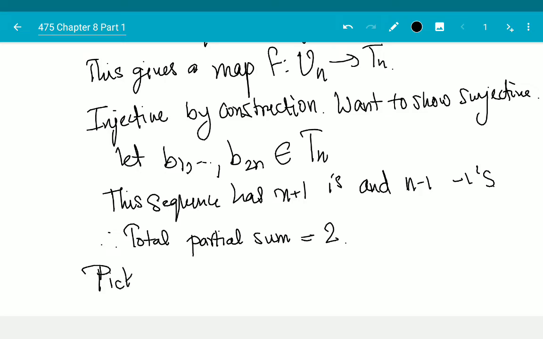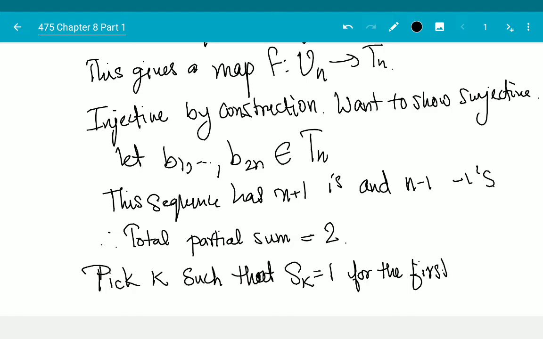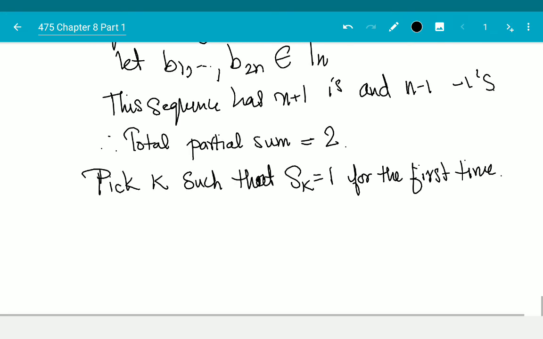Pick k such that s_k is equal to 1 for the first time. Or equivalently, the partial sum is positive.